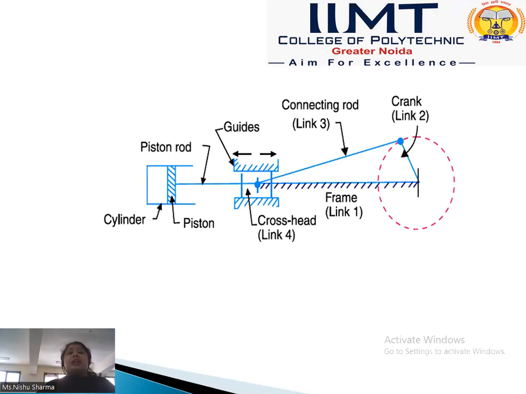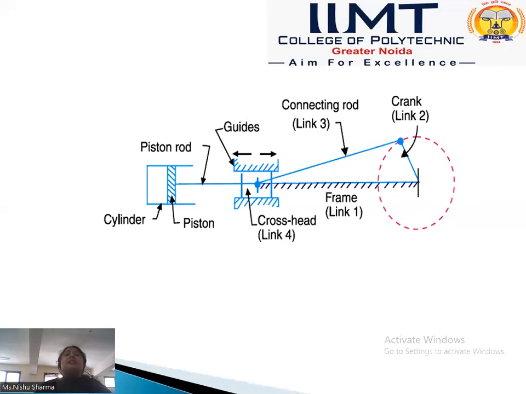So we can say that in the slider crank mechanism, rotary motion of the crank is converted into the reciprocating motion of the piston, or reciprocating motion is converted into rotary motion, and vice versa also.